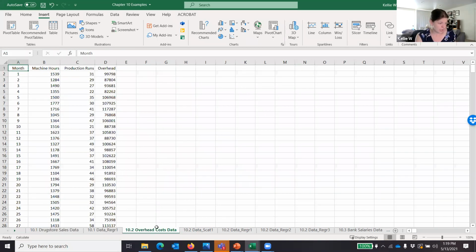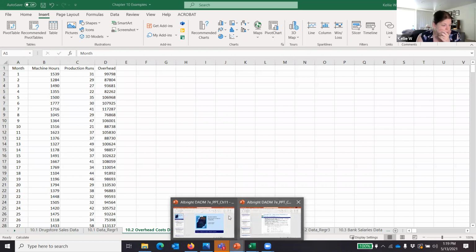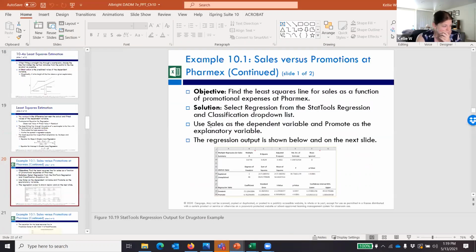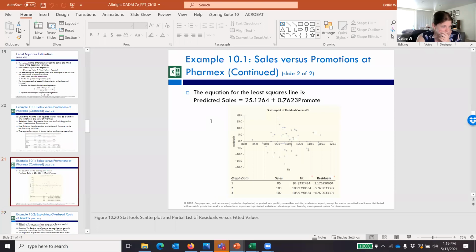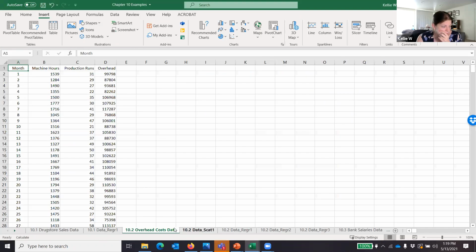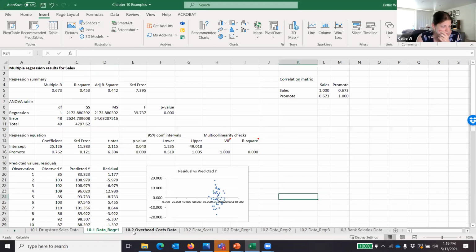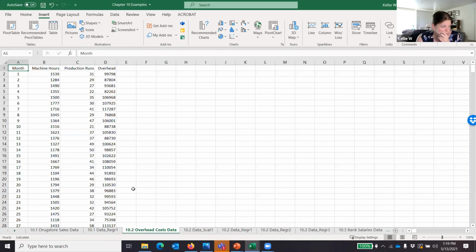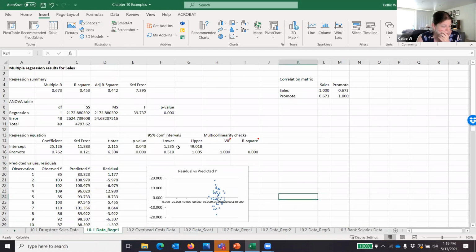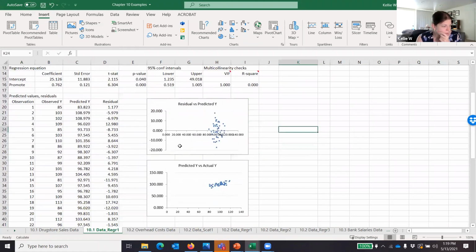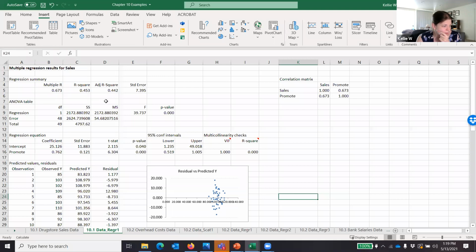Okay, let's also look at this overhead cost data. So they also ran regression.